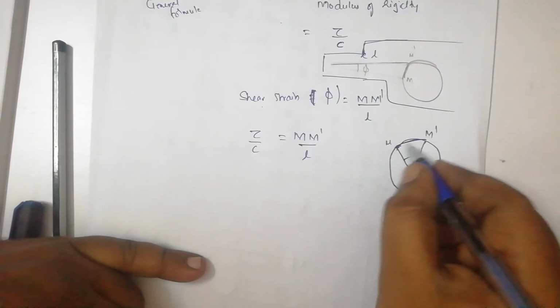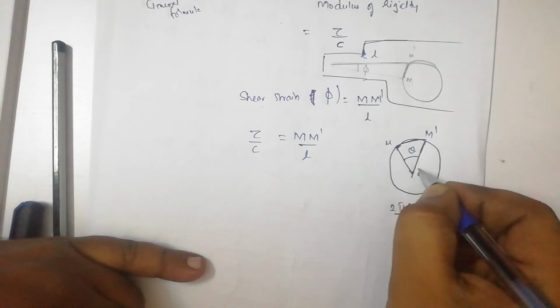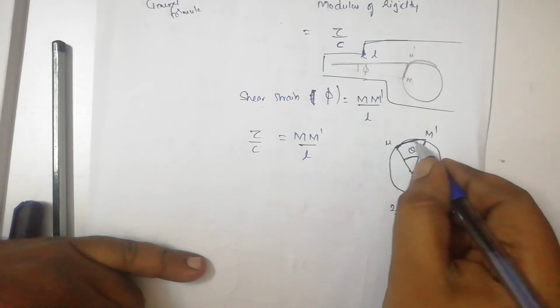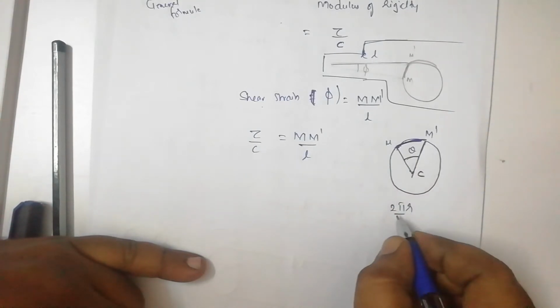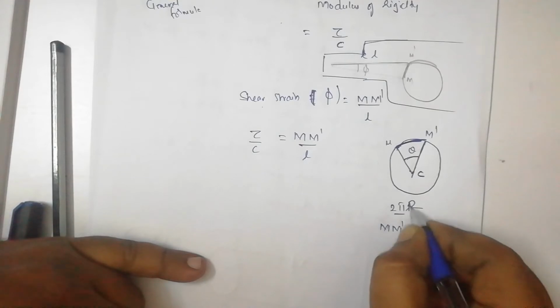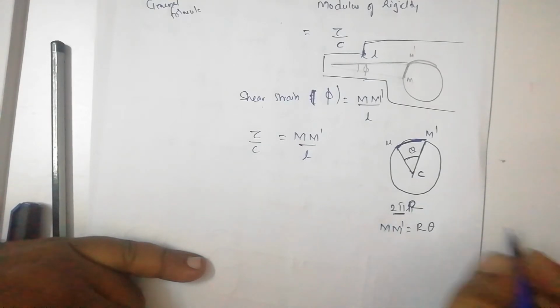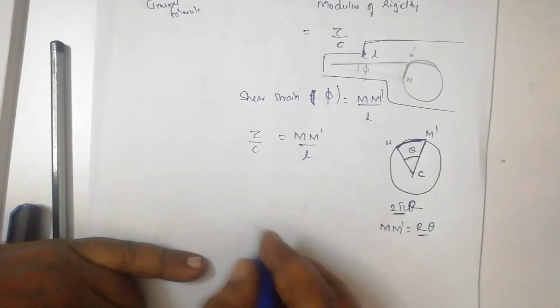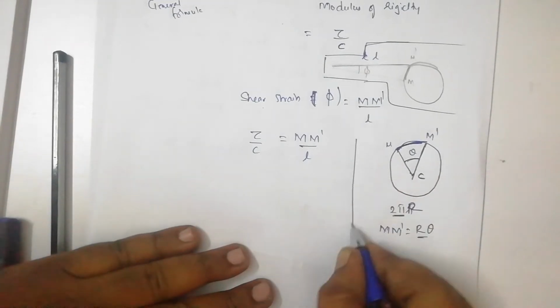Now, this M dash is r into the angle we have made, that distance we have to take. So, the distance M dash is equal to r theta, correct. This is for the total 360 angle, and this is for a particular angle theta, clear.